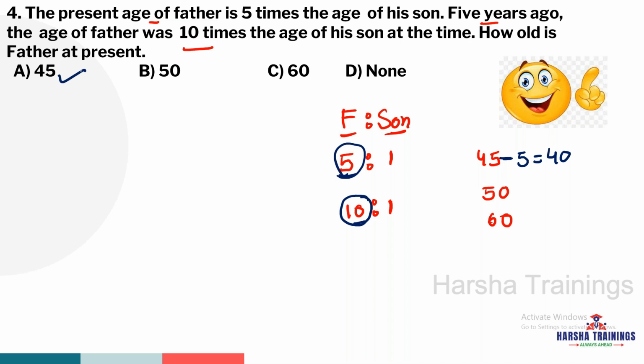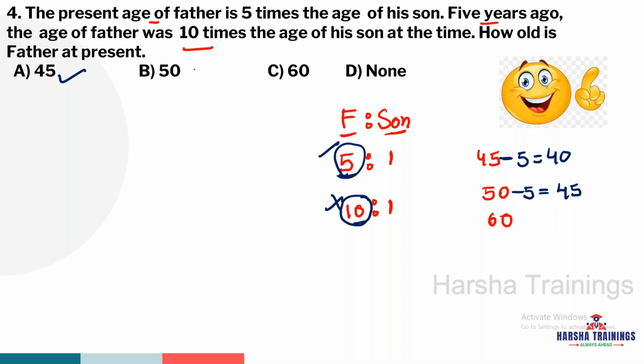Check the remaining options also. No problem, guys, but it's a waste of time, right? So let me check. Second option is 50. 50 is a multiple of 5. Yes, 5 tens are 50. 5 years ago, 50 minus 5, 45. Is 45 a multiple of 10?